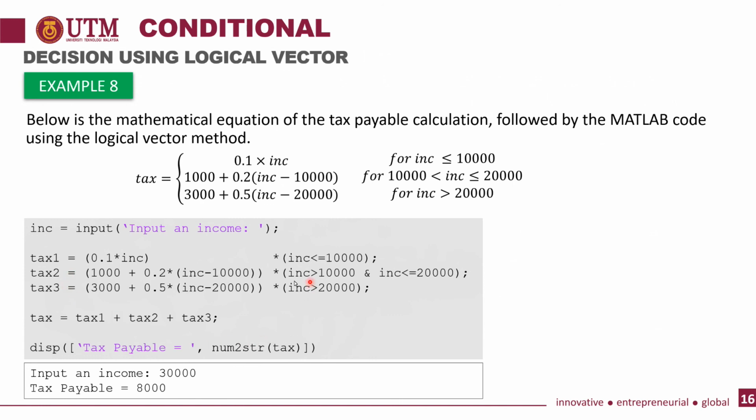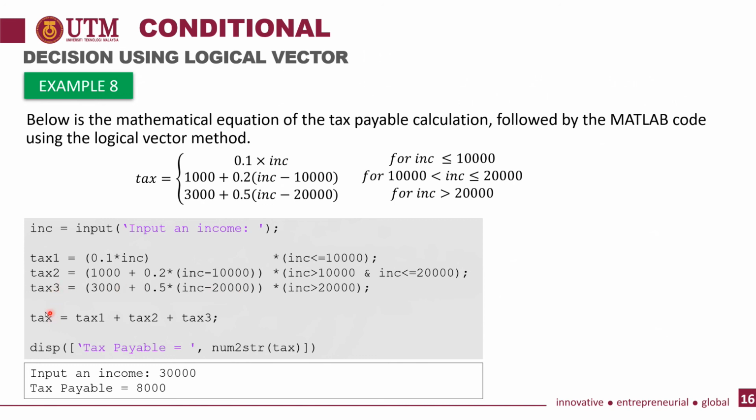And lastly, for the condition income greater than $20,000, it will become 1 because you are inputting $30,000. So it fulfills this statement, it will become 1, and this formula will be executed. So tax3 will calculate all of the taxable income that you need to pay.